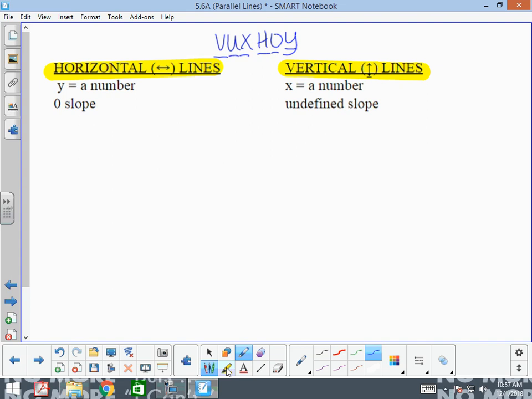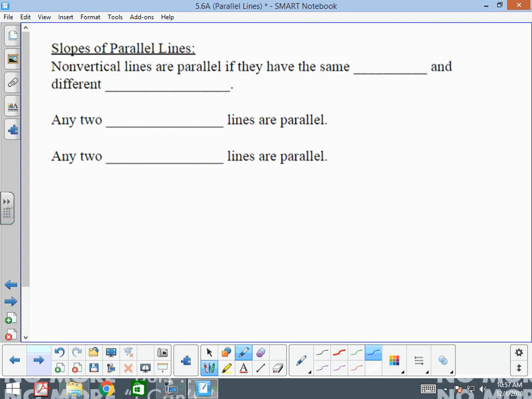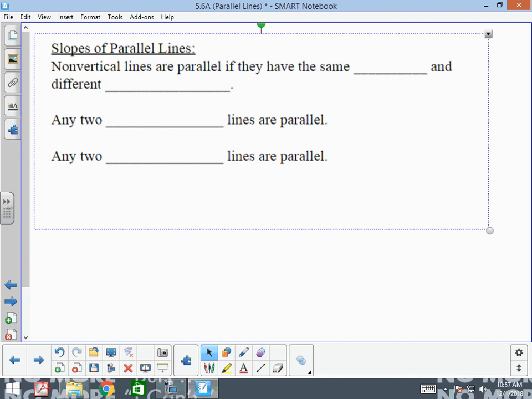Now we're looking at slopes of more than one specific type of line, and these are parallels. In this section, we're looking just at parallel. Non-vertical lines are parallel if they have the same slope and different y-intercepts.